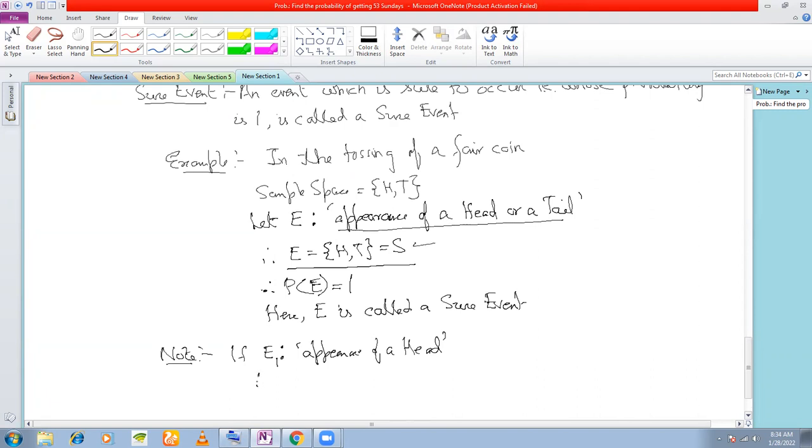Here E1 is only one element, which is only a subset of the sample space. So the probability of E1 will simply be half. Okay, so that concludes your chapter on probability.